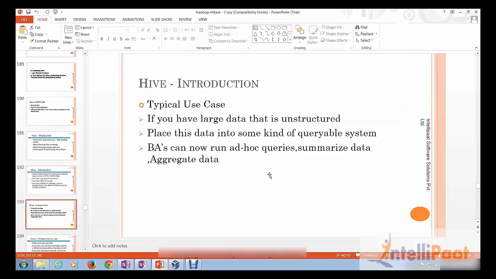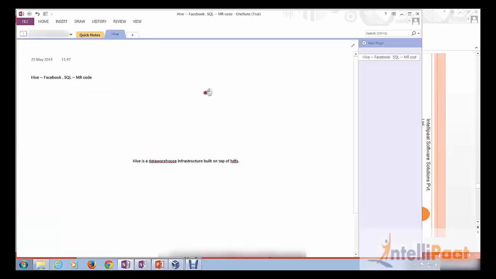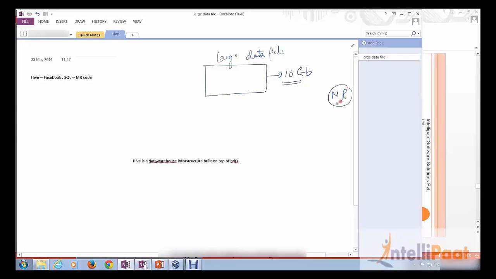Now, what's a typical use case? We have a large amount of data, a large data file, say a 10 gig file, and we want to analyze this data. As I said, MapReduce needs expertise, and in your place of work you have business analysts who do not know MapReduce.